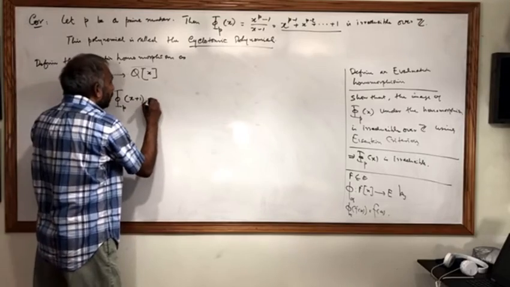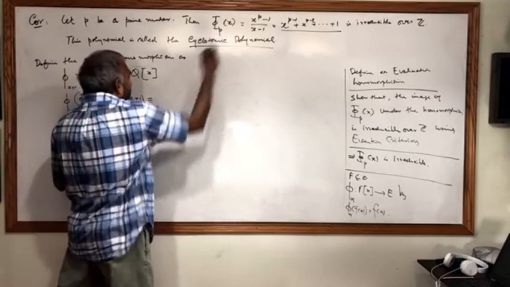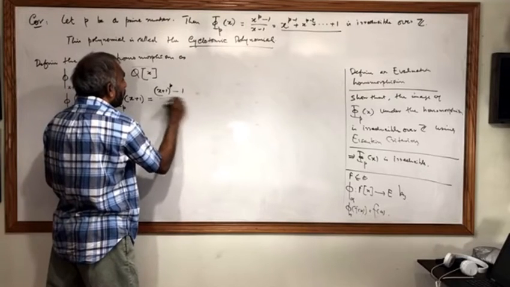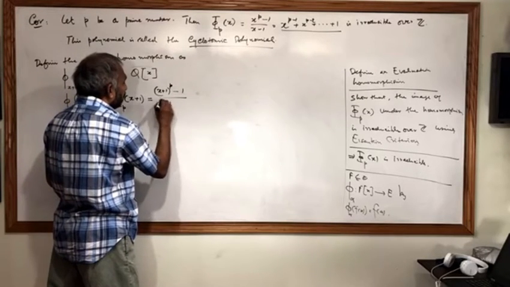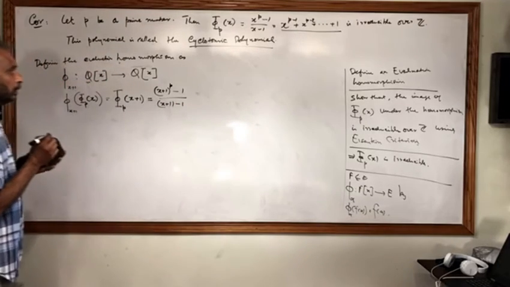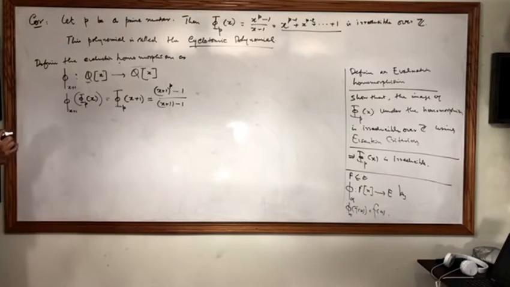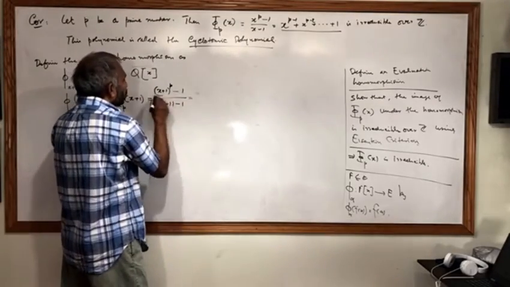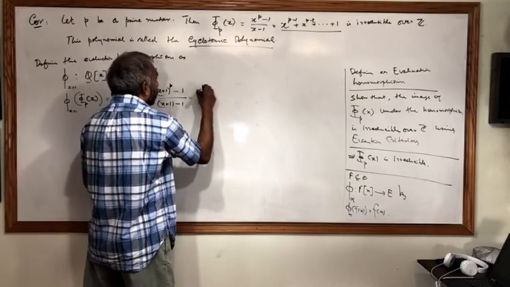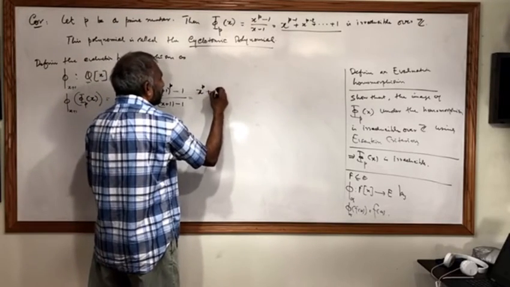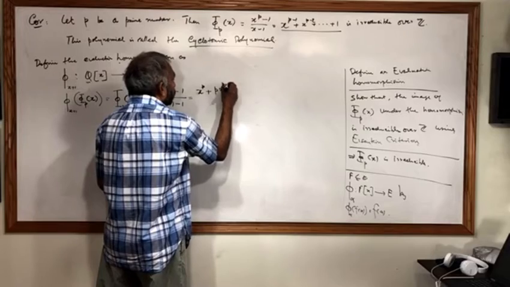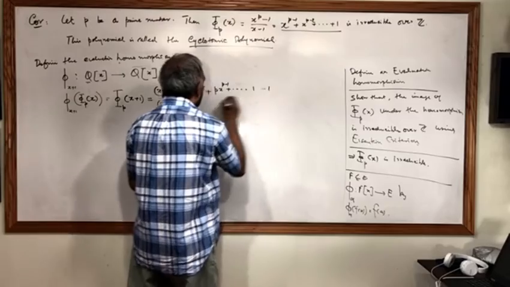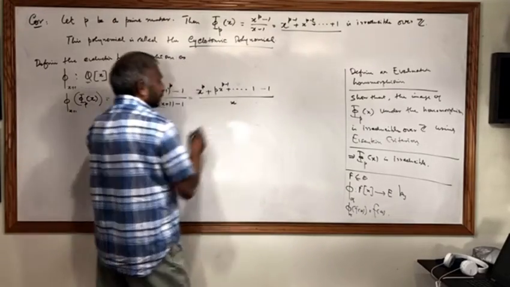So this is actually equal to, replace that, ((x+1)^p - 1) divided by ((x+1) - 1). And that is equal to, if you expand this one, (x^p + p x^(p-1) + ... + 1 - 1) divided by x.